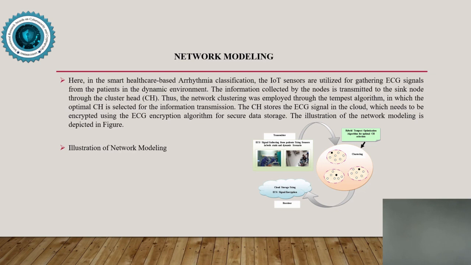This Tempest algorithm is designed by maintaining intensification and diversification, like the searching capability, for the attainment of a global based solution. So this cluster-based transmission employed by the Tempest algorithm is utilized for clustering the network and the optimal cluster head selection. And in this one, we are using the hybrid Tempest optimization algorithm.